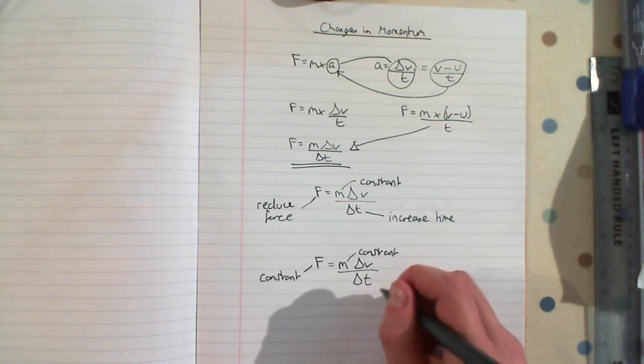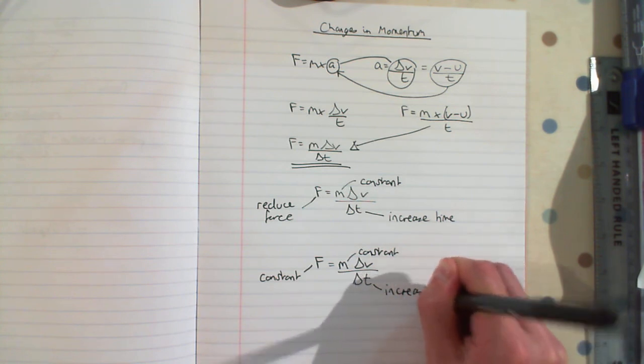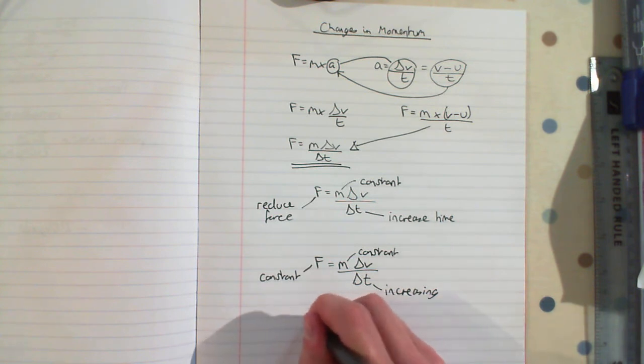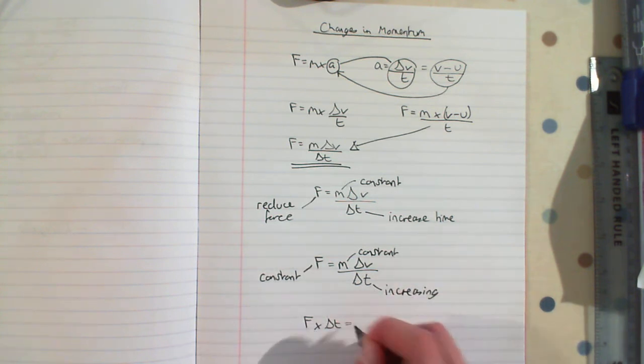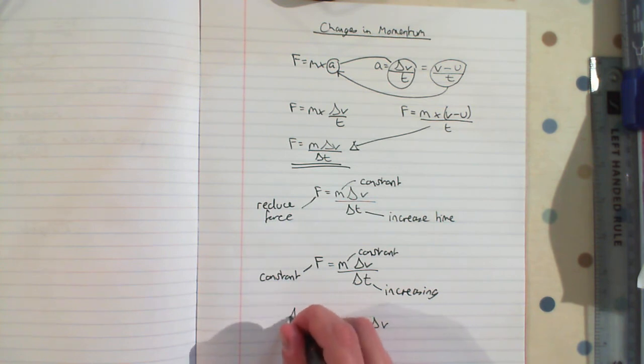So if we increase the change in time, if we were to rearrange this equation, that force gets timesed by the change in time. If we're timesing by the change in time, the mass times velocity must increase, because this side of the equation is increased.